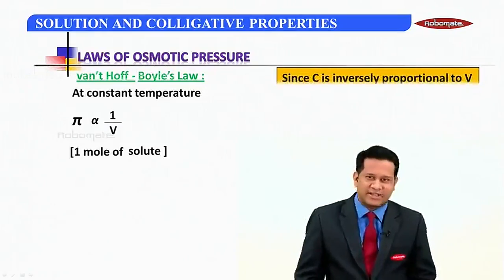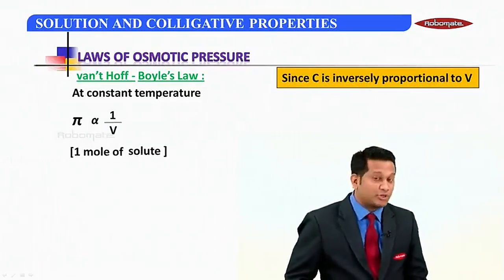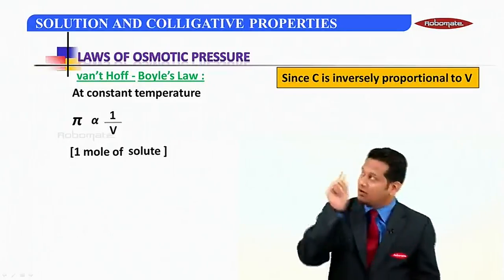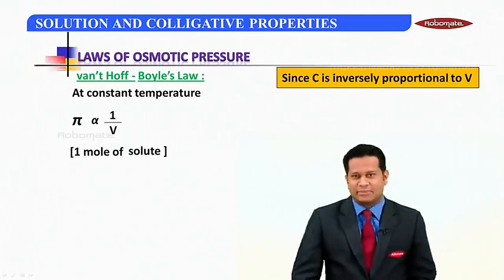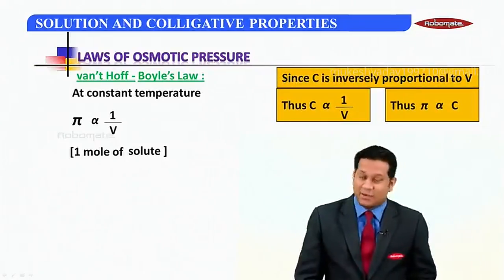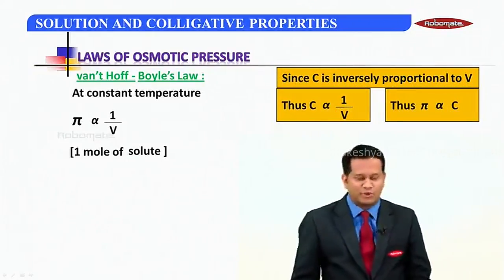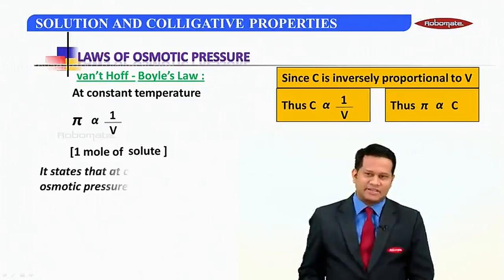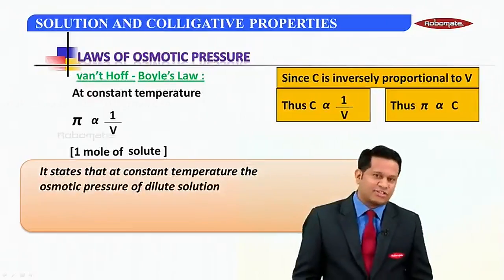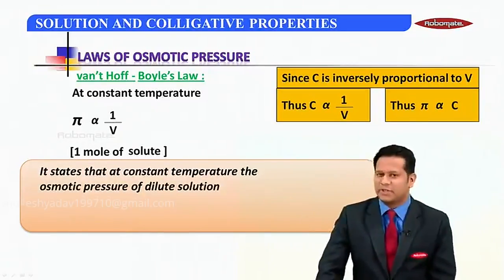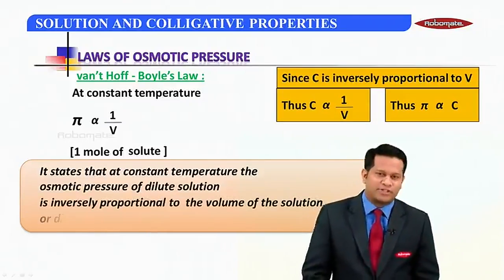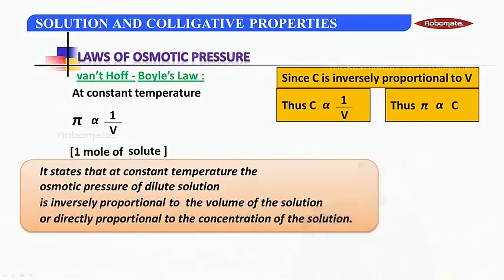I can also say that concentration is inversely proportional to volume, so C is inversely proportional to V, and from this 1 upon V can be easily replaced by C. So pi is inversely proportional to V, and pi is directly proportional to C. The statement is: at constant temperature, the osmotic pressure of a dilute solution is inversely proportional to the volume of the solution or directly proportional to the concentration of the solution.